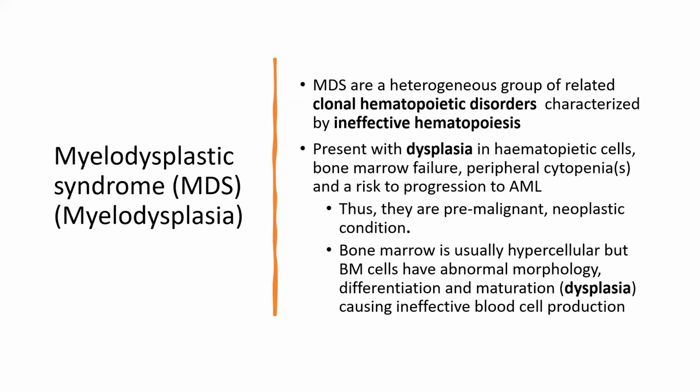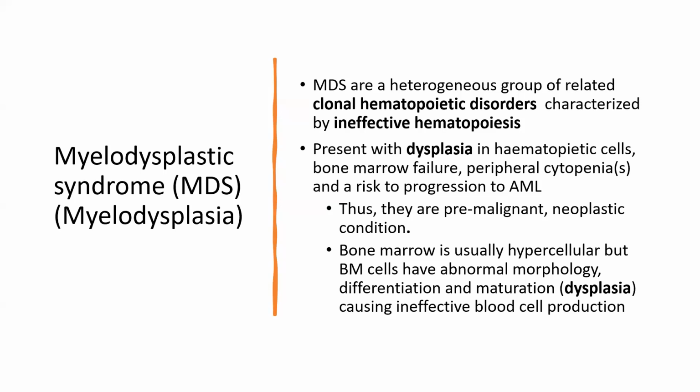Now, why I've written cytopenia or cytopenias, you may find it is only the red cell or primarily the red cell line that is affected, or the granulocytic line, or the platelets or the megakaryocytic line, okay?